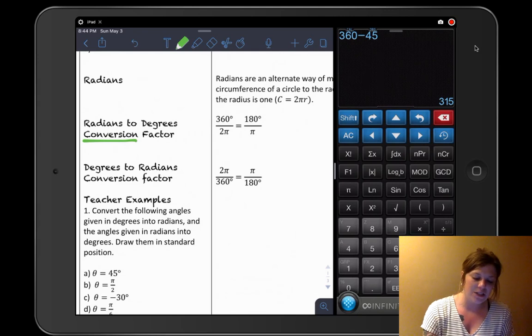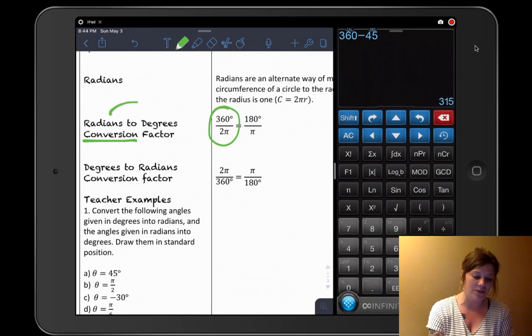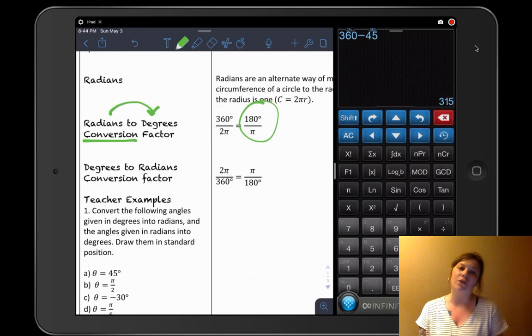So since 360 degrees is the same as 2 pi, if I wanted to move from radians into degrees, then I would multiply it by 360 over 2 pi, or to simplify that, 180 over pi, right? So we're going to be using 180 over pi when we want to convert from radians into degrees.